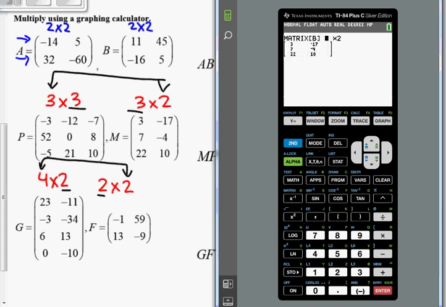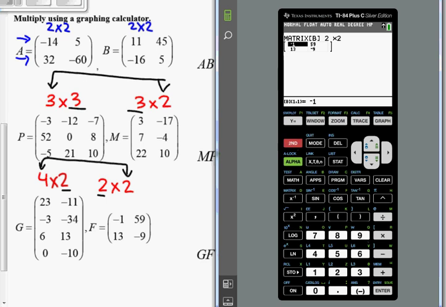B this time I'm going to fill in with our matrix F here, so it is a 2 by 2. Filling in the values of our matrix. Oops. If you ever make a mistake, you can always just scroll over, so I need -9 instead of -99.